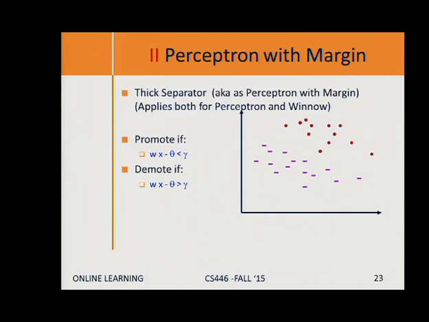Here is another key extension: Perceptron with margin. We discussed this a little bit earlier. Perceptron really learned a linear separator. What I want is to try to learn some kind of a thicker separator. The way to do it is to be a little bit more aggressive in penalizing Perceptron.